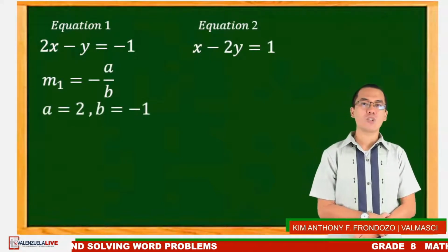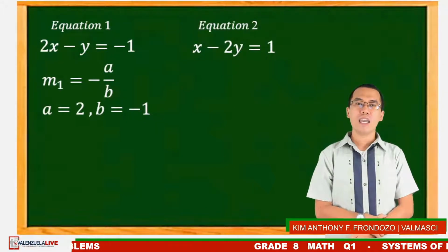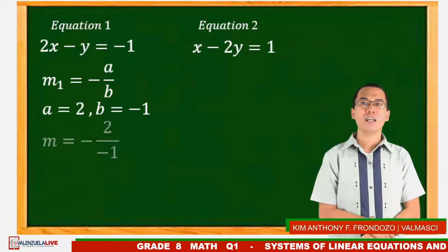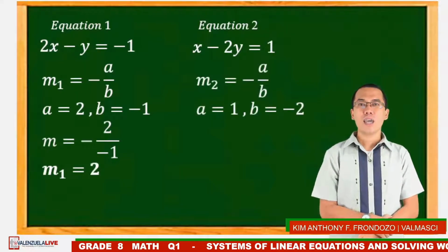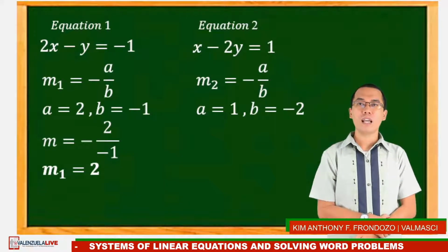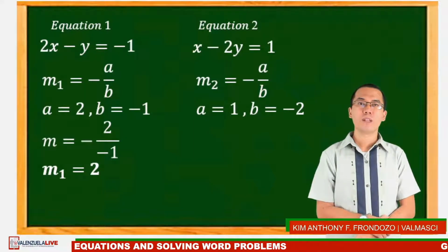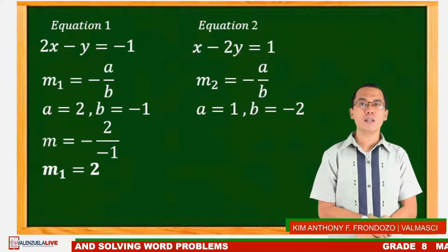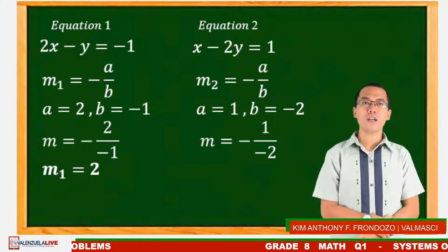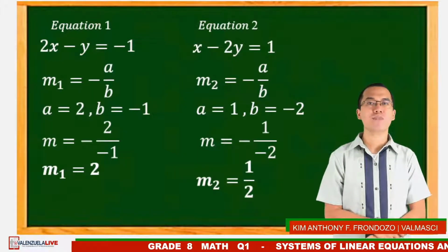Since a is equal to 2 and b is equal to -1 in the first equation, and a is equal to 1 and b is equal to -2 in the second equation, then m sub 1 is equal to -2 over -1. So therefore, m sub 1 is equal to 2. Now, for the second equation, we'll have m equal to -1 over -2. So therefore, m sub 2 is equal to 1/2.